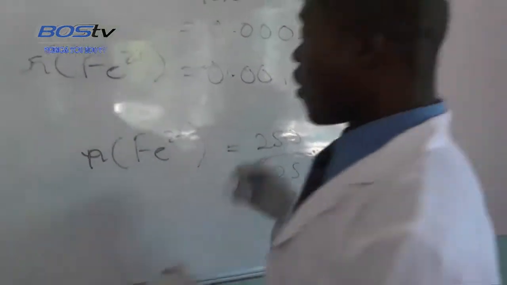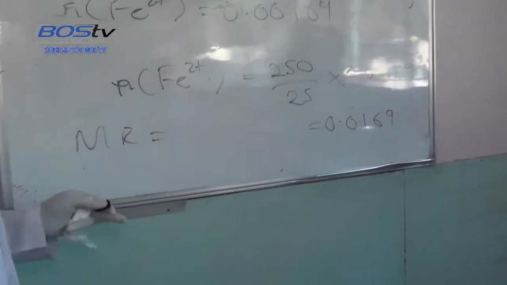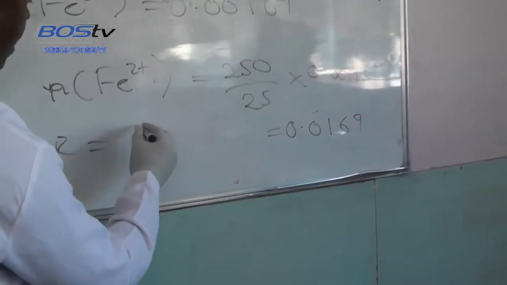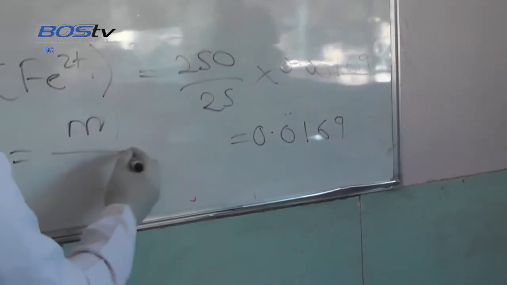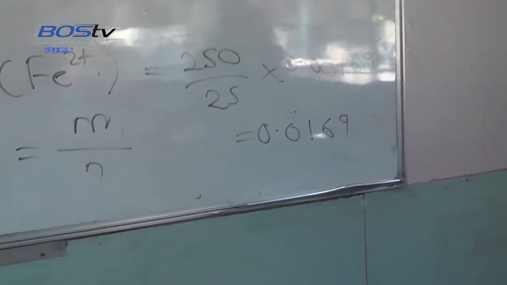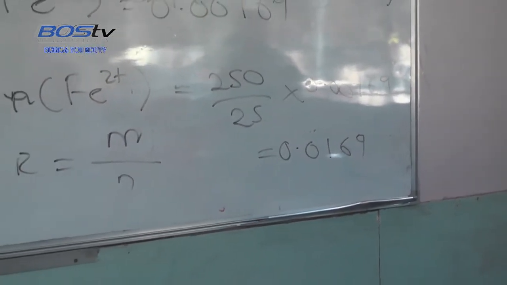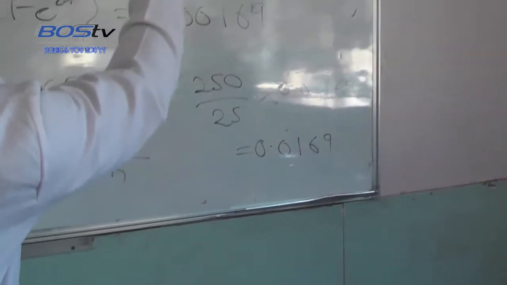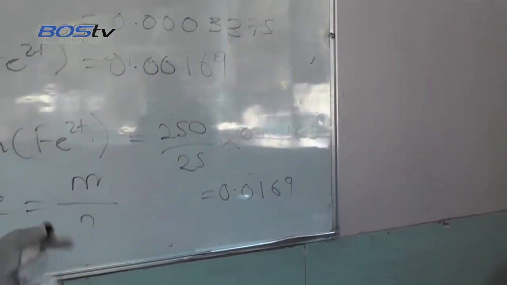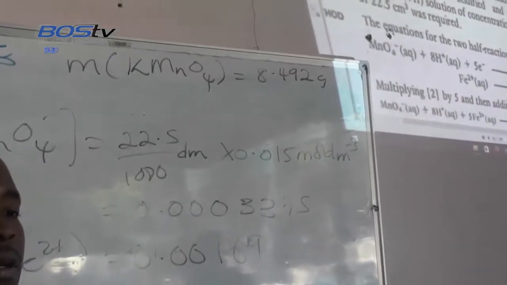Okay, our formula mass Mr is equal to mass over n. Let's calculate the molecular mass. We are given the mass as 8.492 grams, and the number of moles in 250 we have calculated to this.